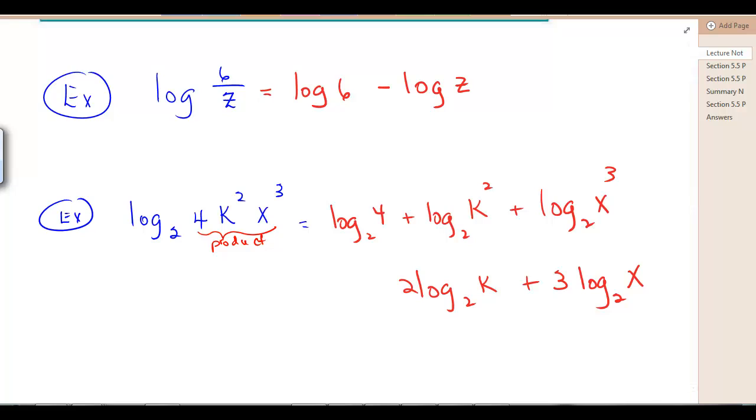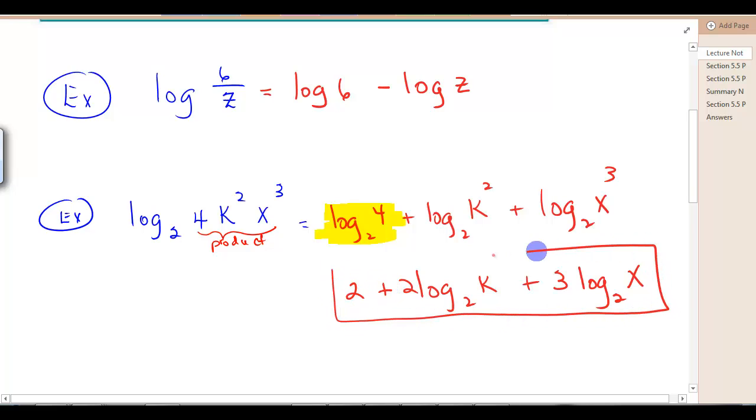And then we have to look at this one. When it's two numbers, we look to see if we can evaluate it. Log base 2 of 4, that's saying 2 to what power gives me 4? Well, that's 2. So we just write the plain 2 plus. And there you go. We've expanded this product into the addition.